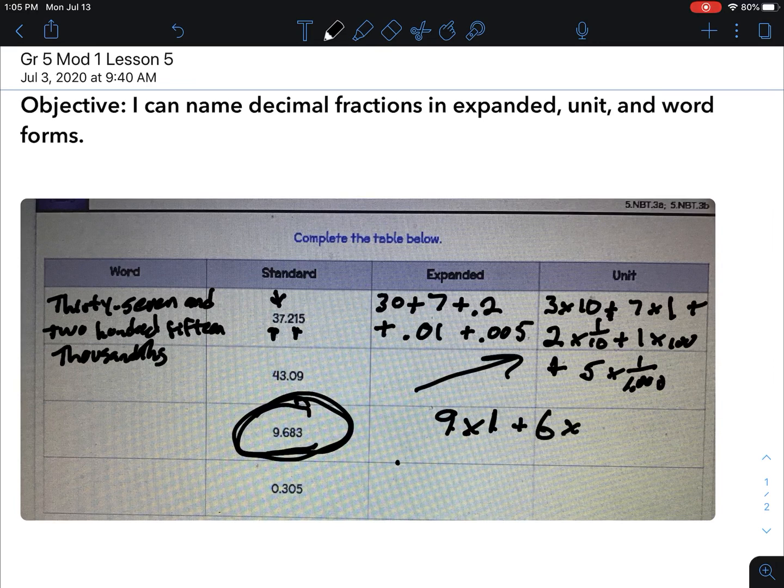Then your 6, always do times what place it's in, the tenths place. Then you have your 8, what place is it in? It's in the hundredths place. And then your 3 times, it's in the thousandths place.